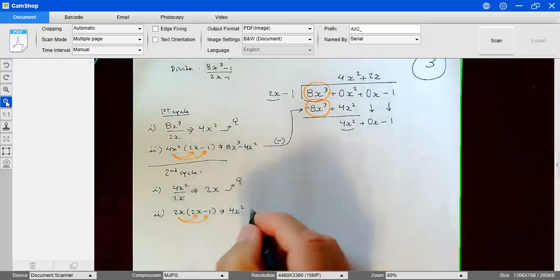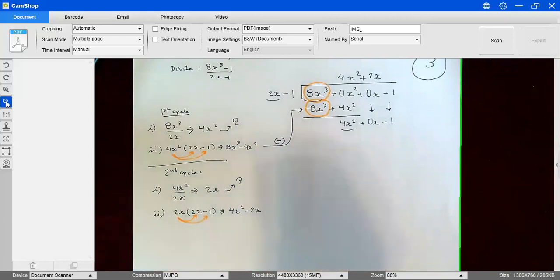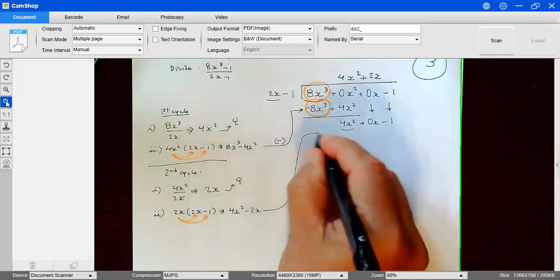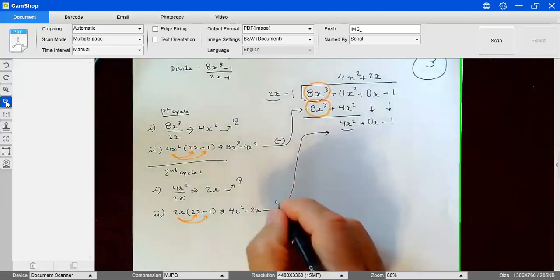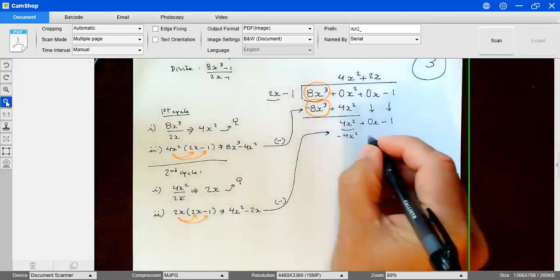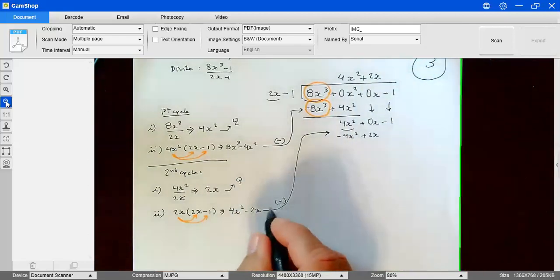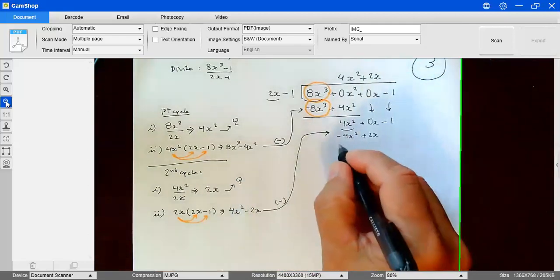Negative 1 times 2x is going to be negative 2x. So I'm going to write this over here with opposite signs. So it's going to be negative 4x squared positive 2x, because negative times negative is going to be positive. We're going to switch signs.